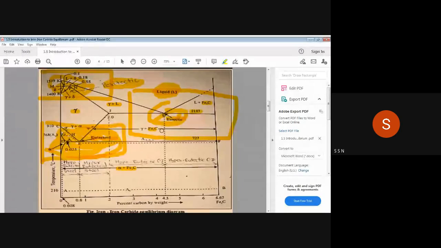But those two solid phases will be different. आणि त्या फेजेस कुठल्या असतील तर एक गॅमा असेल, त्या गॅमाला आपण गॅमा ॲस्टेनाइट म्हणतो. लक्ष ठेवा, अल्फा फराइट, डेल्टा फराइट, गॅमा ॲस्टेनाइट आणि Fe3C ला सिमेंटाइट. So gamma austenite plus cementite. These two solid phases you will get at this temperature 1147 from one liquid. So this transformation is called a eutectic transformation.